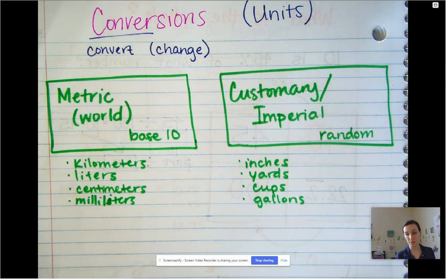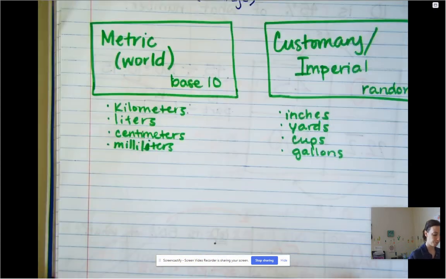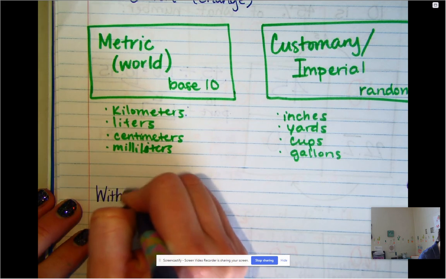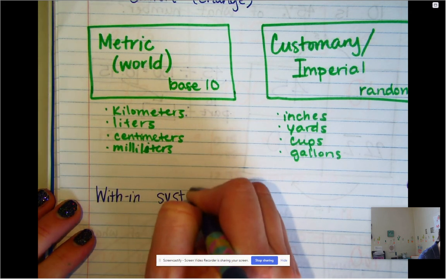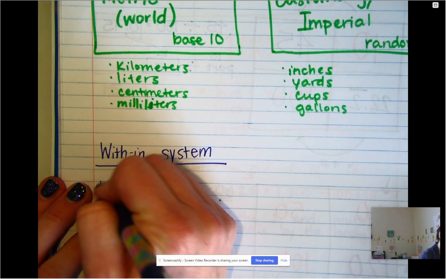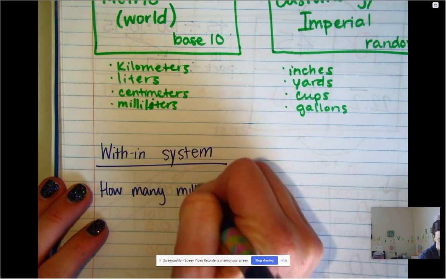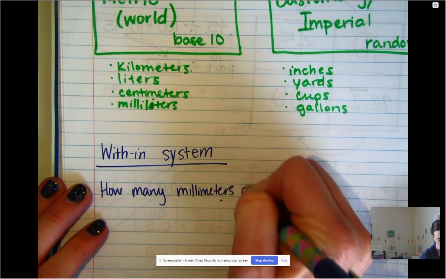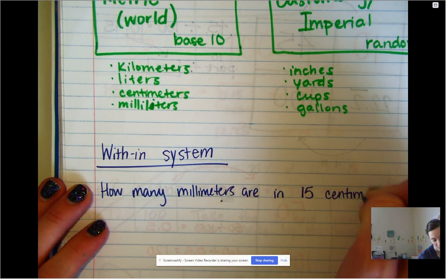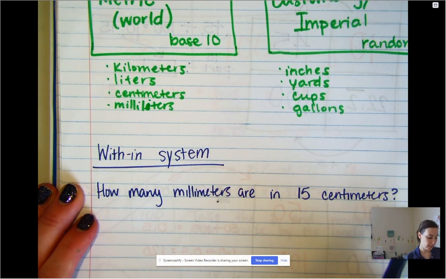So one thing we have to do sometimes in conversions is we have to stay within a system. So for example, an example of within system would be how many millimeters are in 15 centimeters. These are both in the metric system.